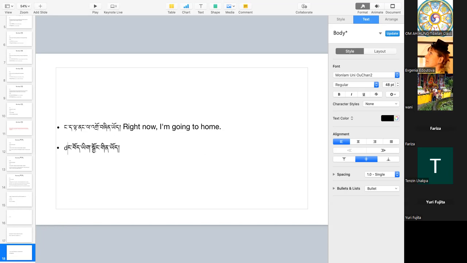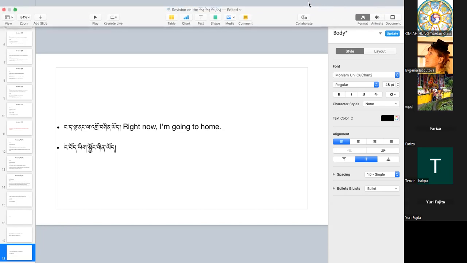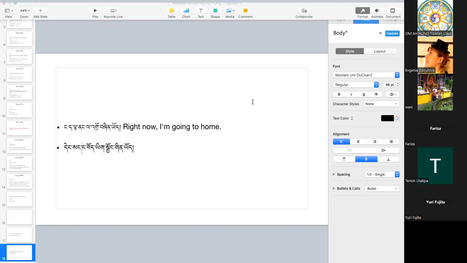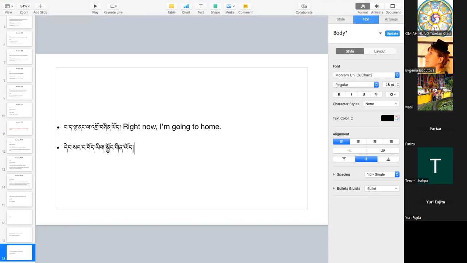So, let me take Tibetan. Which means these days I'm studying Tibetan. Now we see that this means that these days, so we see the difference now.